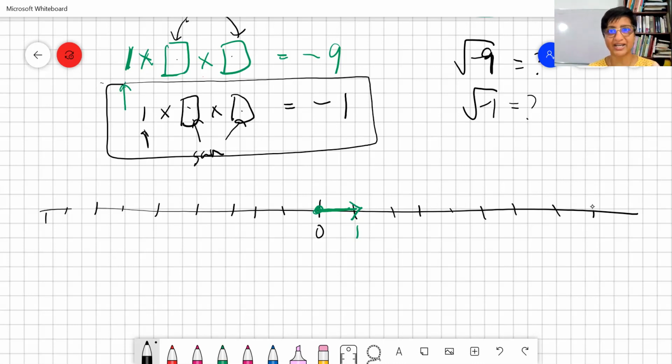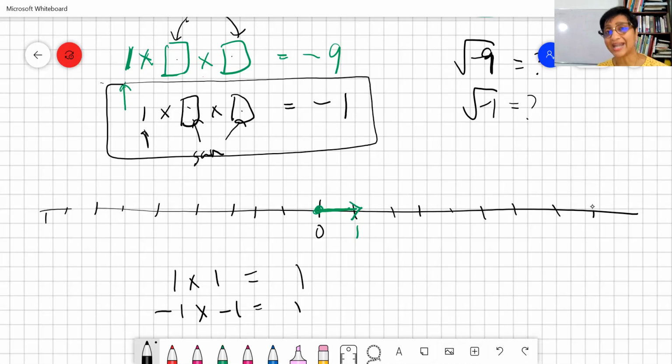If the two numbers were negative, with the first negative multiplication I would turn 180, and with the next one I would turn another 180. That's why I again end up in the positive direction. That is why 1 times 1 is 1, and also -1 times -1 is 1.